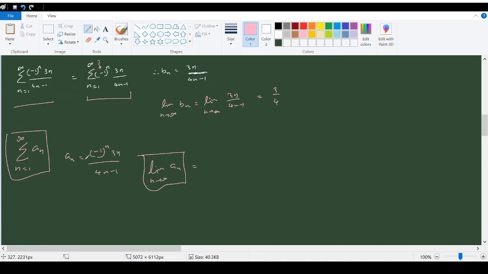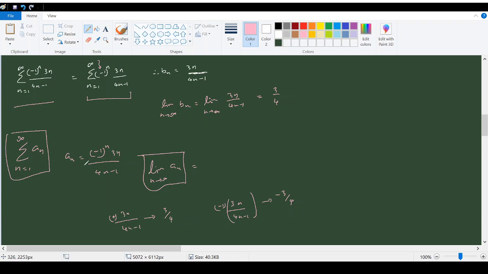If the sequence has only positive terms like this, then the sequence converges to 3 over 4. And if it has only negative terms, then it will converge to negative 3 over 4.